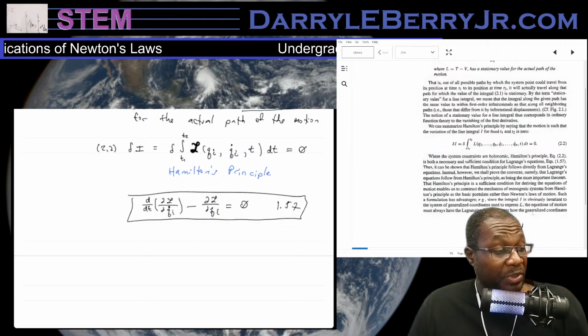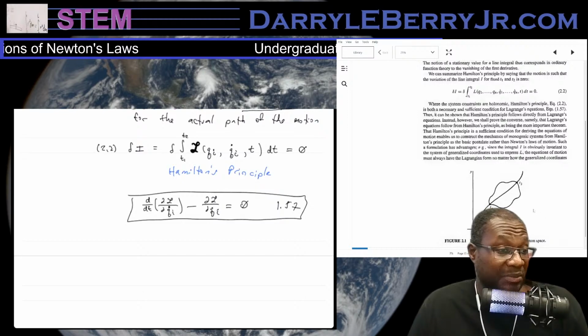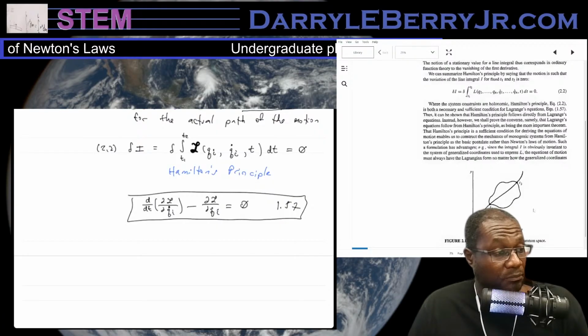Thus, it can be shown that Hamilton's principle follows directly from Lagrange's equations. Instead, however, we shall prove the converse, namely that Lagrange's equations follow from Hamilton's principle as being the more important theorem.